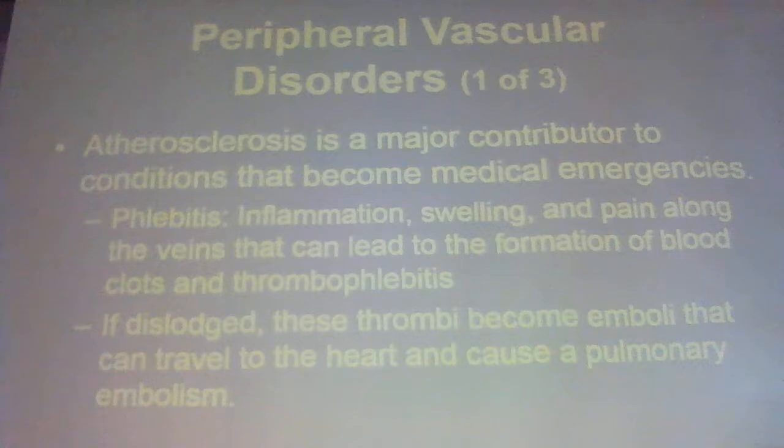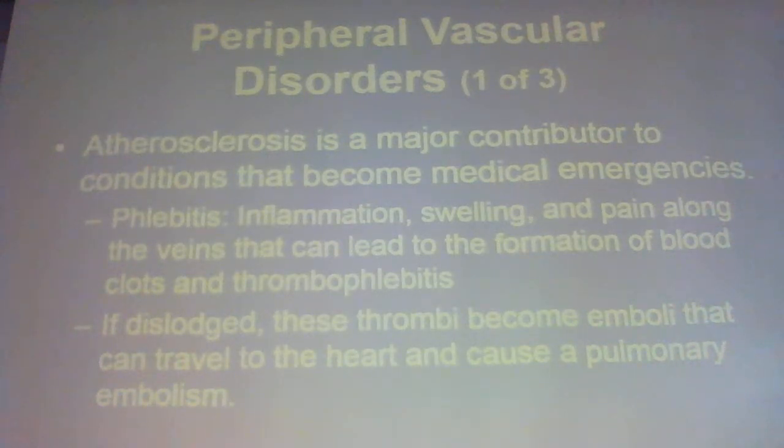Hardening of the arteries, right? You can get a couple of significant things with this. One's phlebitis. Phlebitis is inflammation of the veins, and the problem with that is that it can cause you to create a clot, and then when you get a clot, it can dislodge, and then we can have a PE or a stroke.